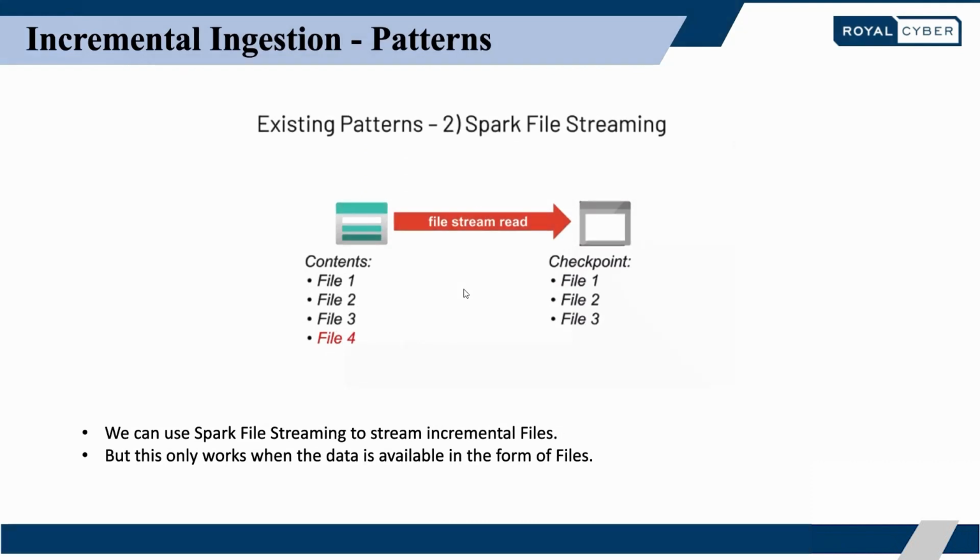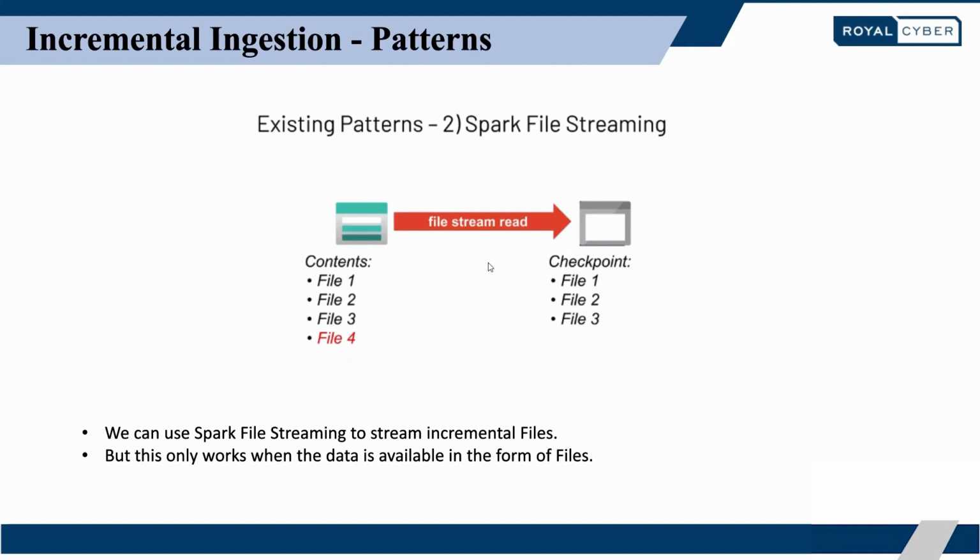This is pattern number 2, in which we can use Spark's file streaming feature. In this feature, we don't need to store any metadata, and the file stream read would read the incremental file as and when it comes, and load that file into the target. Now you might wonder how that is different from Autoloader, or why we need Autoloader if Spark file streaming is available.